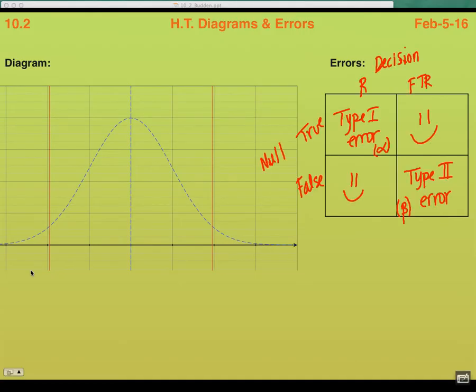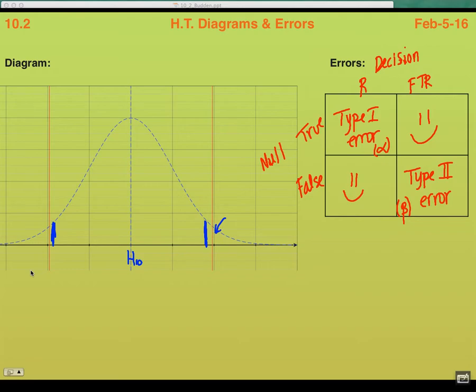Okay. So here's how a hypothesis test is going to work. In the middle, you're always going to have to draw a diagram. In the middle of our sampling distribution, we're going to put the null. And we're going to find some region or some cutoff where we say outside of that is rare.